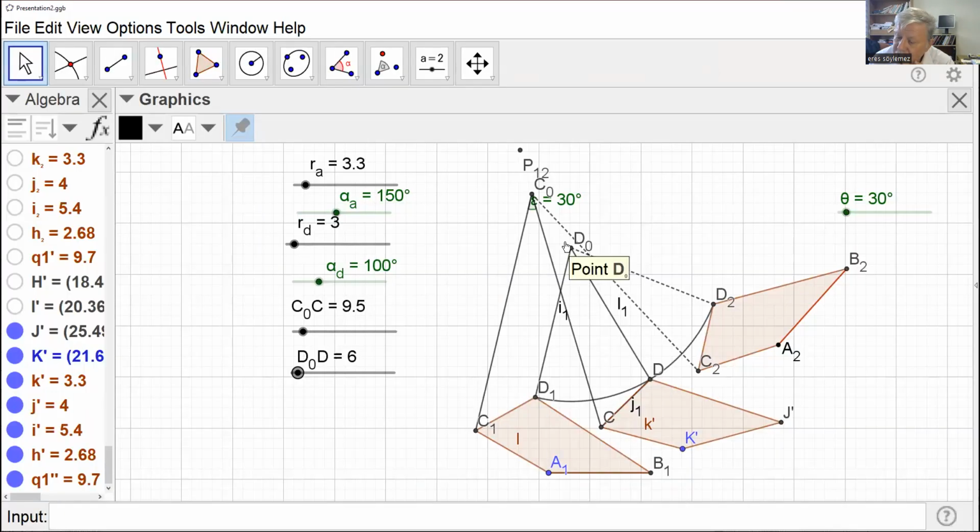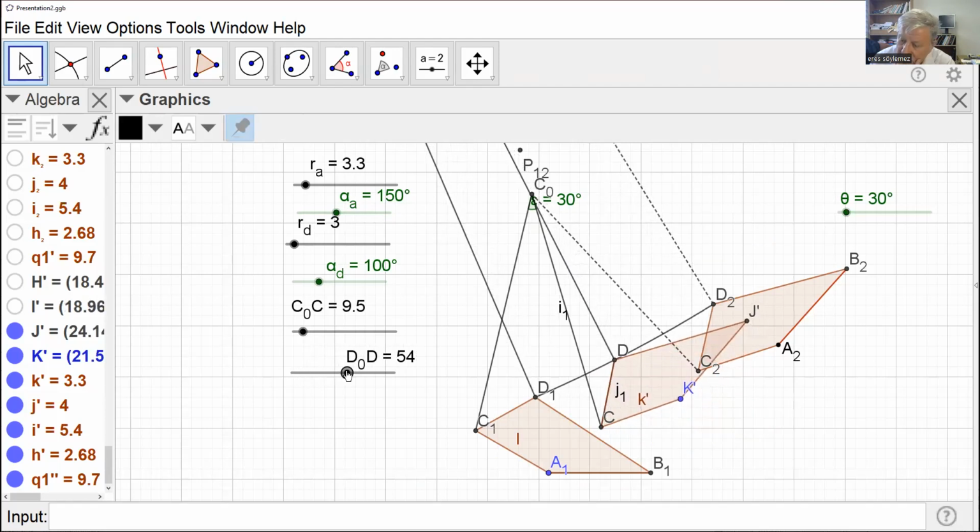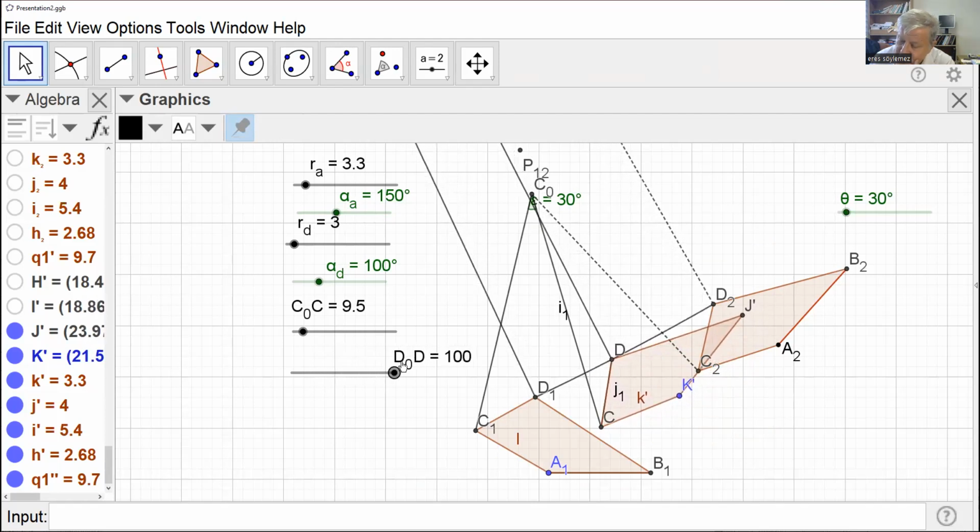If I select D0 at infinity, what will happen? D1, D2 will be on a straight line. As you increase D0, D1, as you can see, this line is going to be a straight line.